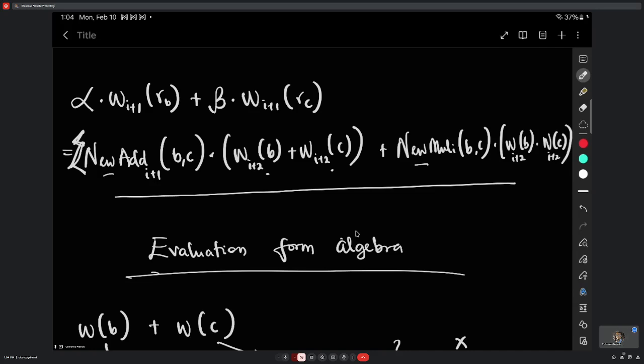But in order to be able to add them together, we need both of them to be of the same form, W(B,C) plus W(B,C), right? So that we can now do element-wise addition, right?